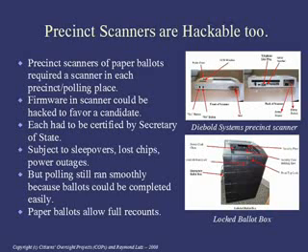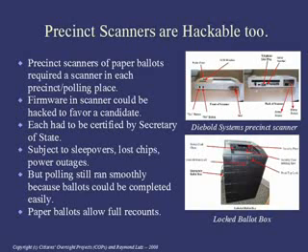The precinct scanner that you see here is a Diebold Systems scanner. It is designed to be used in the precinct, and it was used in prior elections. Unfortunately, this firmware in the scanner can be hacked to favor a candidate, so when it scans and counts the ballots, it can be changed.